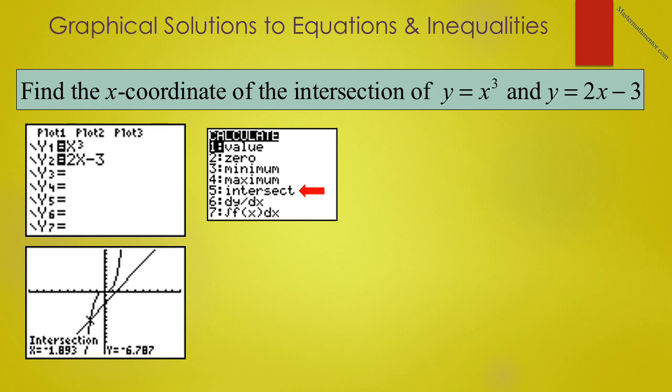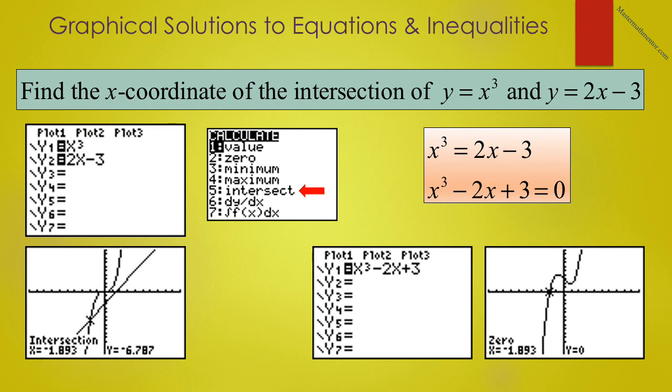This is required because if there is more than one intersection point, you need to get close to the one you are looking for so the calculator can find it. You can move your cursor just to get close to that point. And in this case, we find that there's just one intersection point at x is equal to negative 1.893.